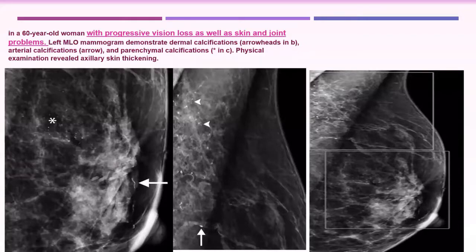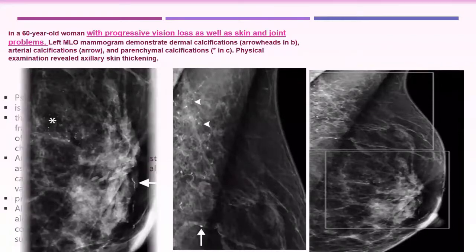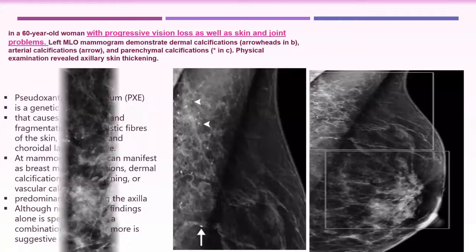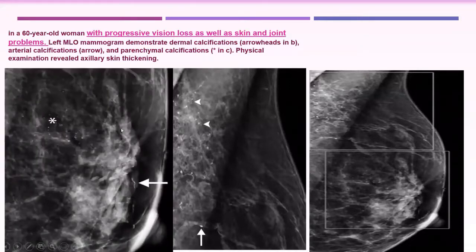These combinations can give you a clue for a certain diagnosis. Do you know it? If you look here, this is skin calcification, this is vascular, and here parenchymal calcifications, and there is thickening of the skin.